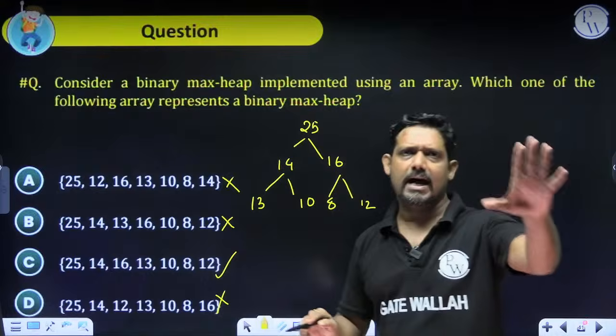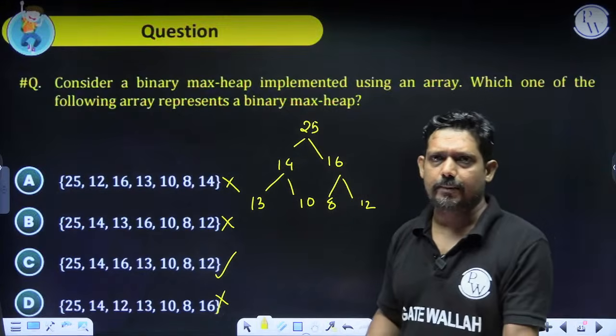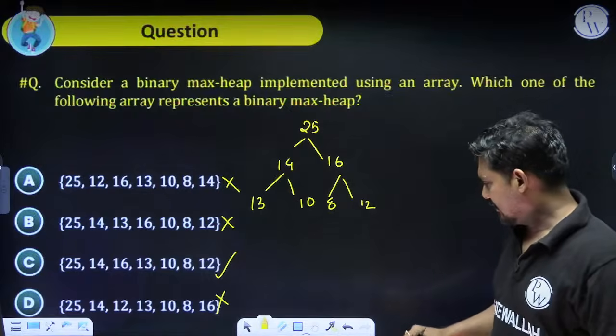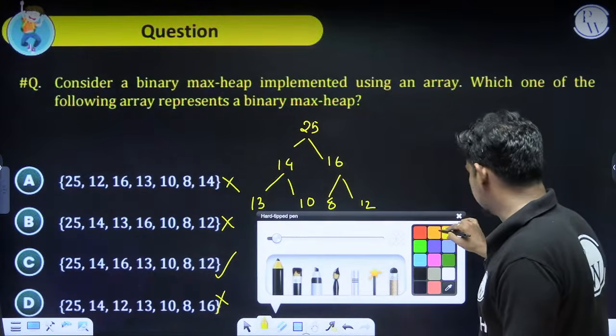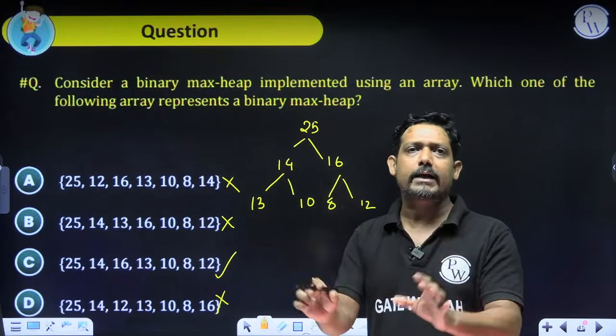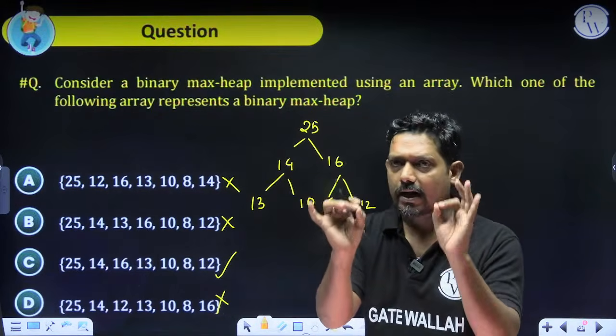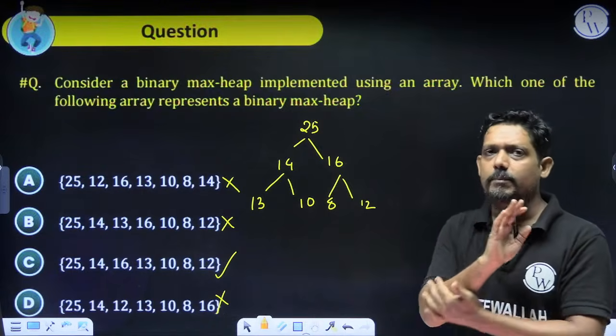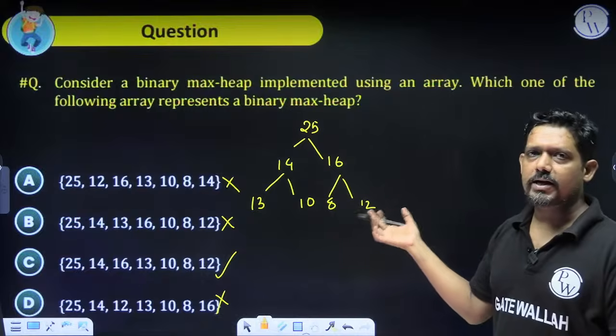Last thing, then we'll wrap up the session for today. Last but not the least: if I want to insert a new element in a binary heap, understand the process. Up to here the tree is fixed.